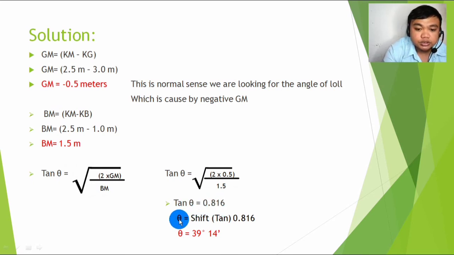Then the angle of Loll equals shift tangent 0.816, then the angle of Loll is 39 degrees 14 minutes. It means that if the ship will incline to an angle of 39 degrees 14 minutes, it will have the negative GM, or since GM is proportional to GZ, then we will have also a capsizing arm.